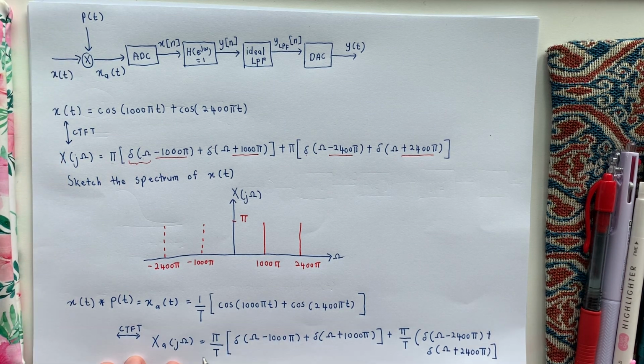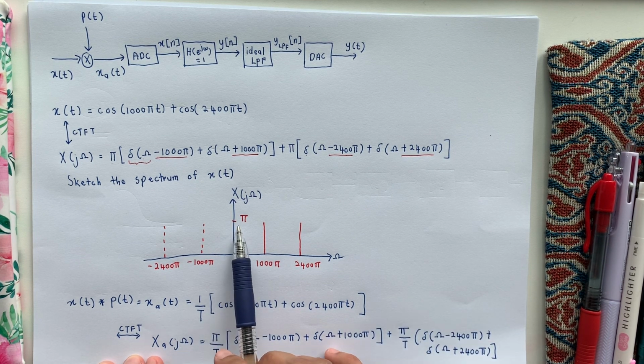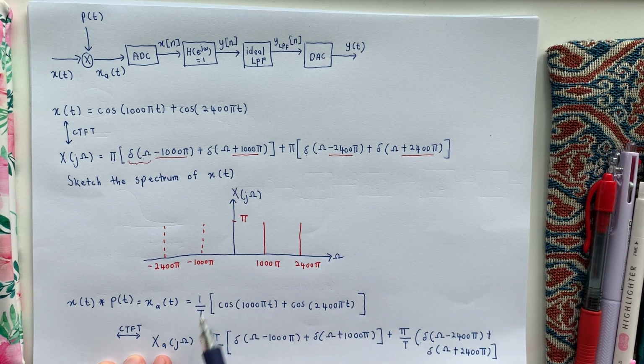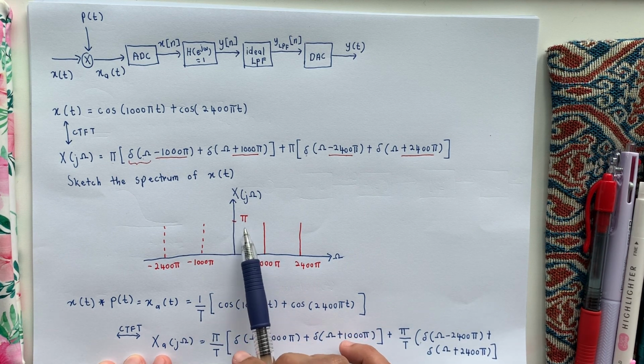Okay, and then if you are asked to sketch the spectrum of x_a(t), you need to refer to this one. Instead of the amplitude being pi, now it has become pi over T.